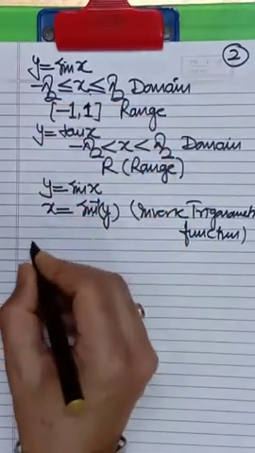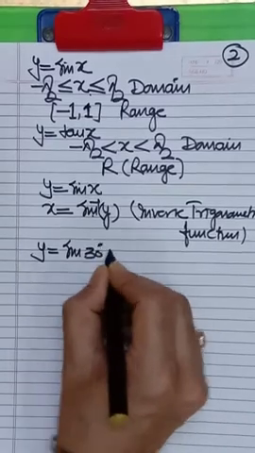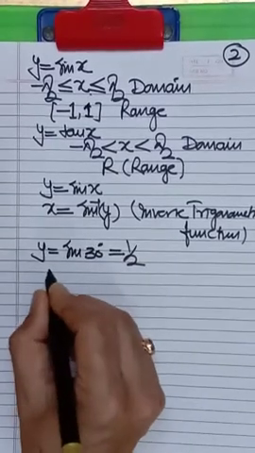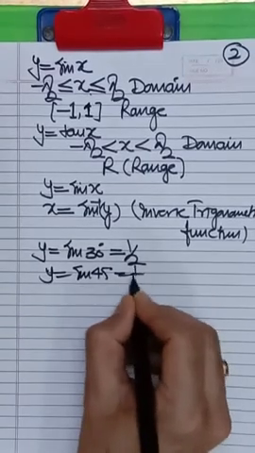Now in the case of a trigonometric function, if we put sin 30 degree, we will get value half. If we put sin 45 degree, we will get 1 by root 2.